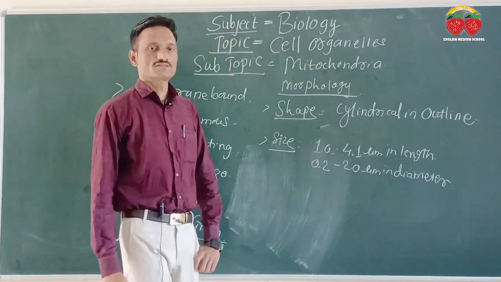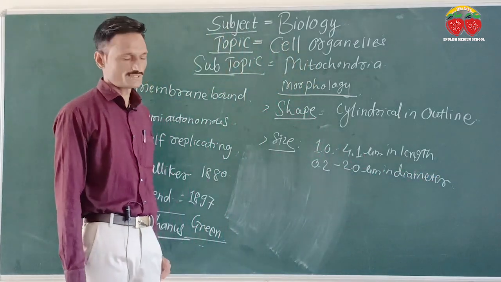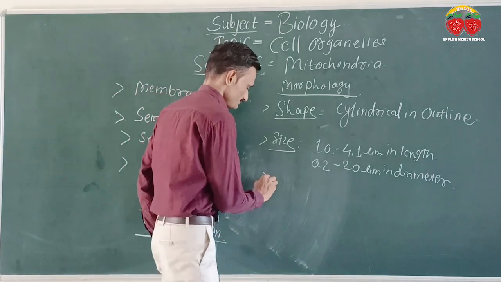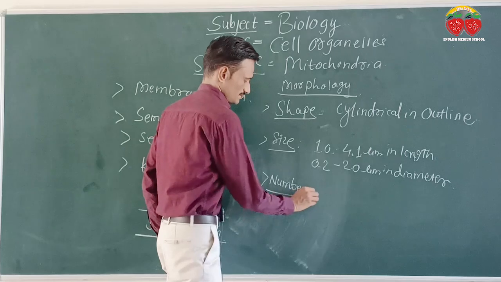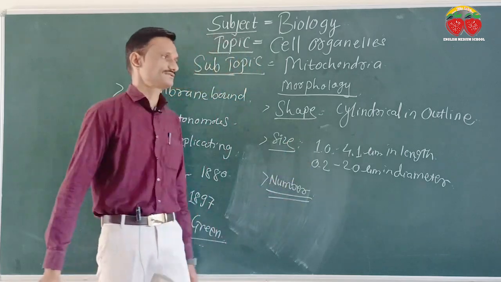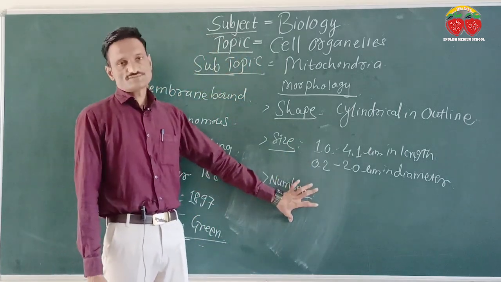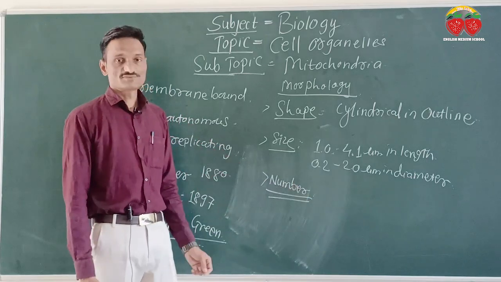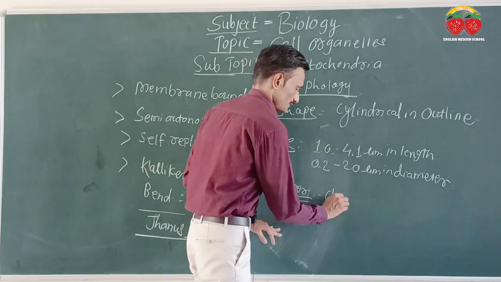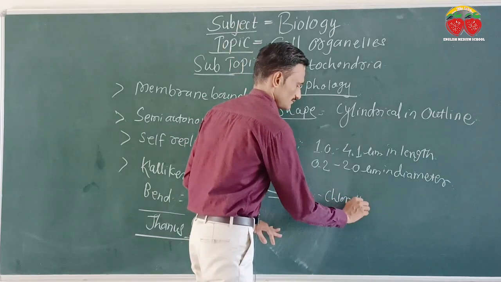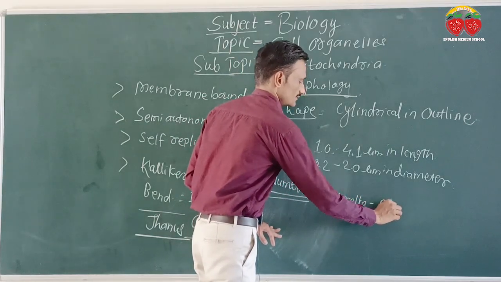Now their number. After size and morphology we will take the number also. Number shows great variation. In some cells only one mitochondrion is present. For example, in chlorella only one mitochondrion is present.